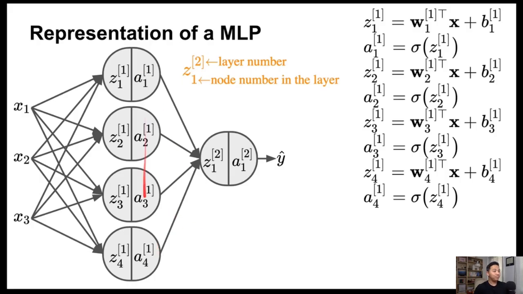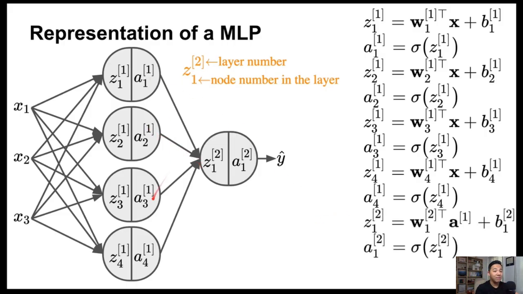Next, we're going to combine these values. Remember, a neural network is about a combination of different layers. So here we transform from all the A's into the new Z. Z1 of layer 2 will be the weighted combination of all the A's from layer 1 plus some bias term. And then you do it again with the sigma function. And finally, the predicted value is the A1 of layer 2.